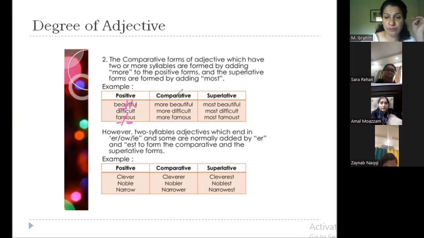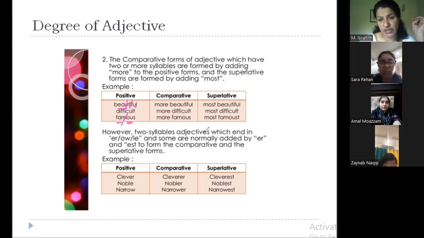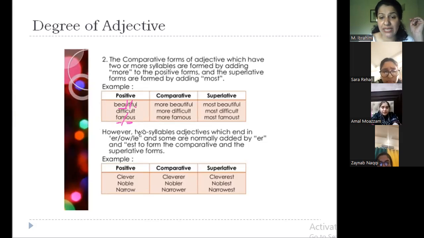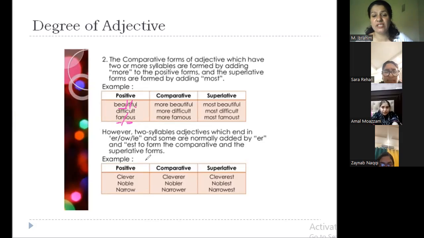Okay? However, 2 syllable adjectives which end in ER, OW, and LE are normally formed by adding ER and EST to make the comparative and the superlative degree. For example, clever. It has 2 syllables, but because it is ending in ER, we are not going to add more or most.